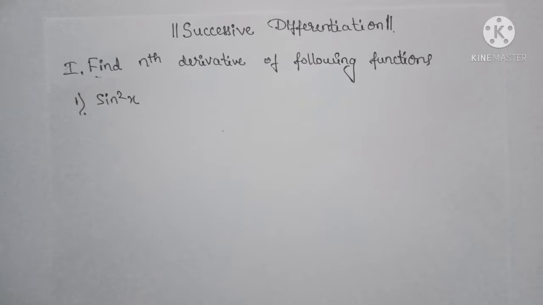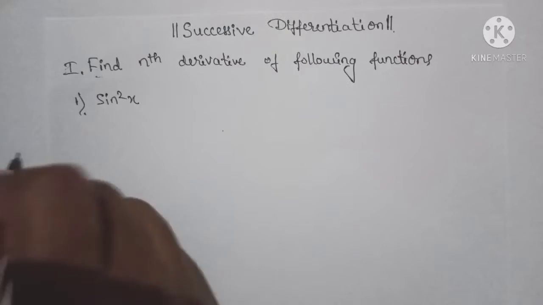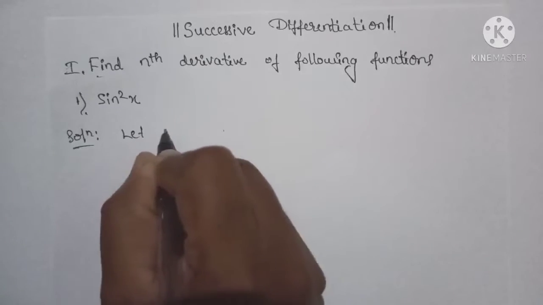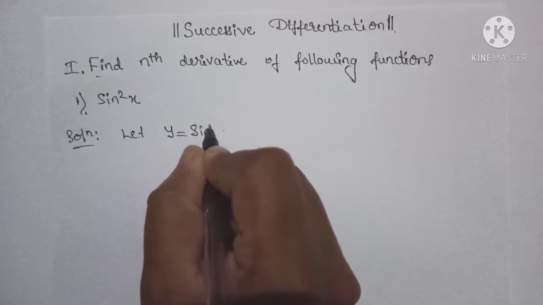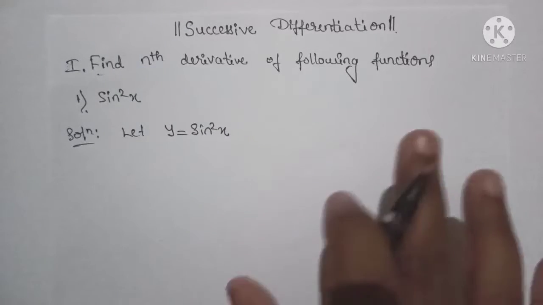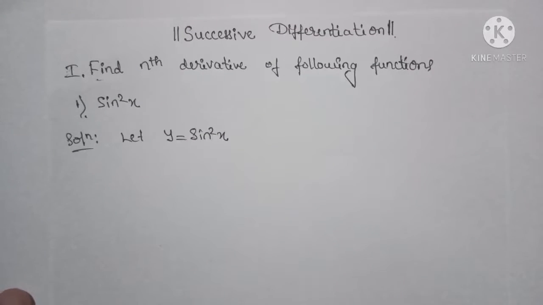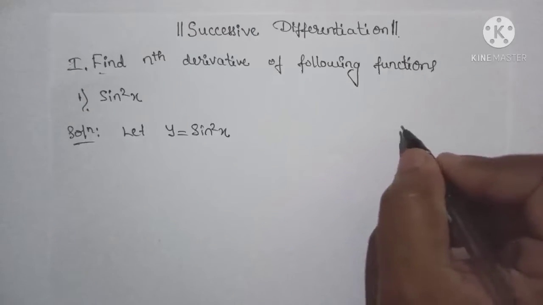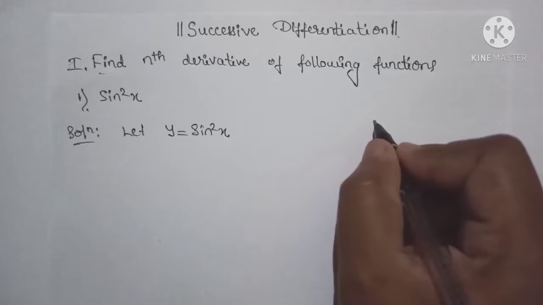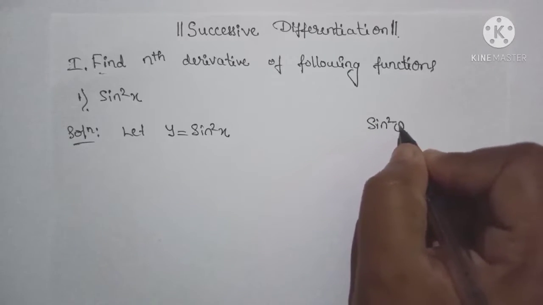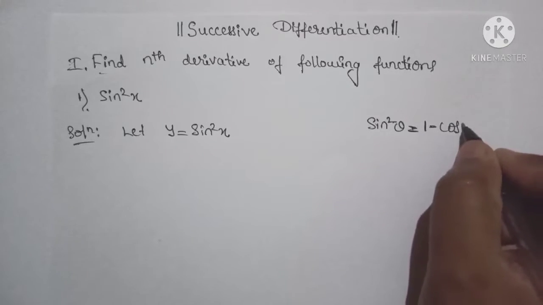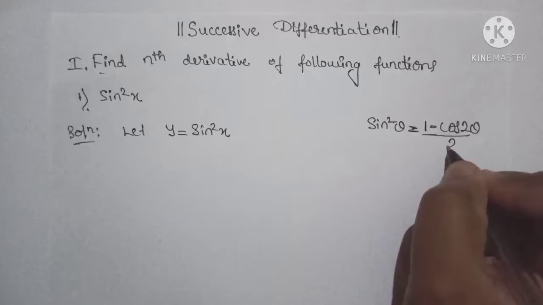Find the nth derivative of the following function. First one, sine square x. Let y equals sine square x. Here we use the trigonometric formula: sine square theta can be represented as (1 minus cos 2 theta) divided by 2.